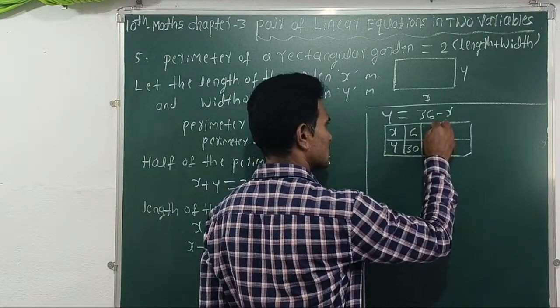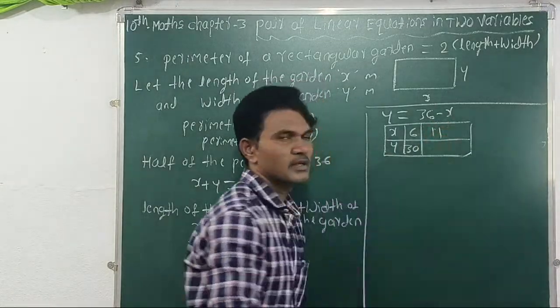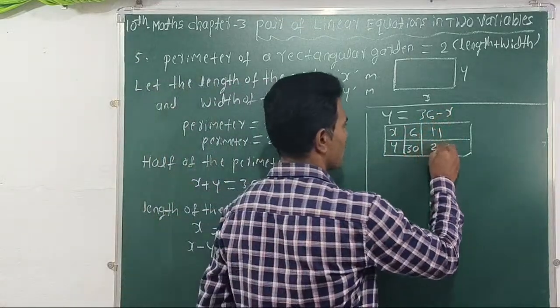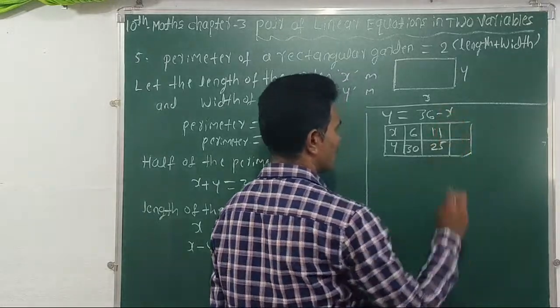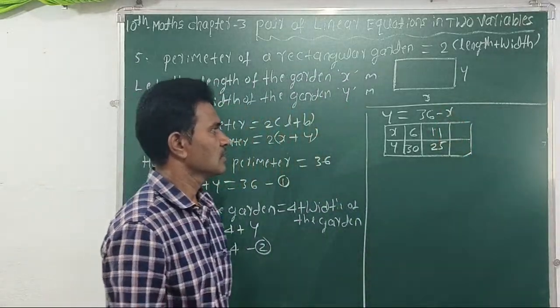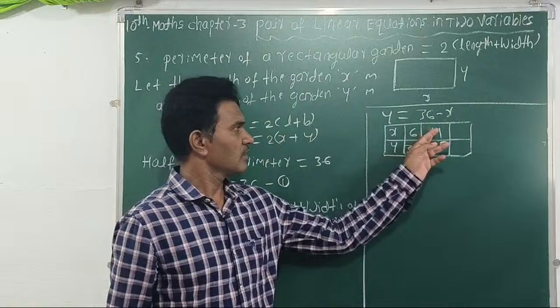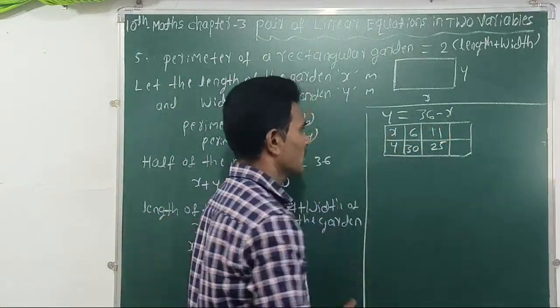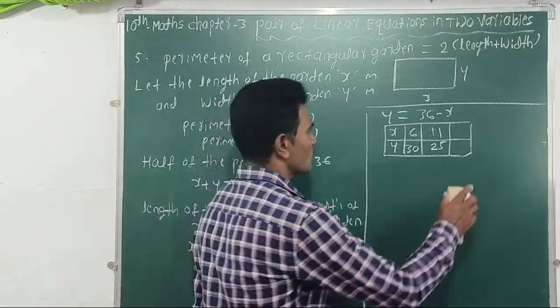X value as 11. 36 minus 11 gives 25. Okay, 2 solutions are enough.